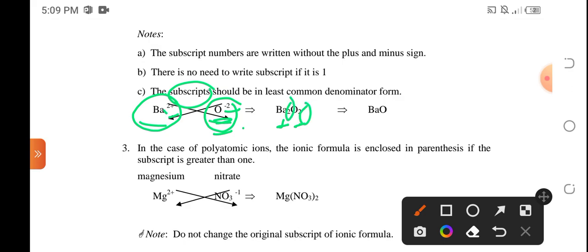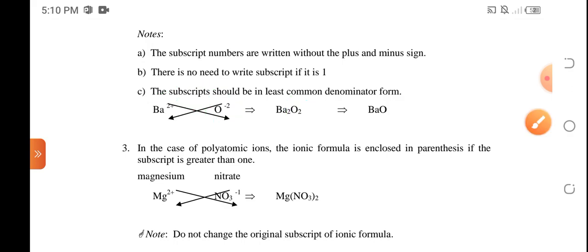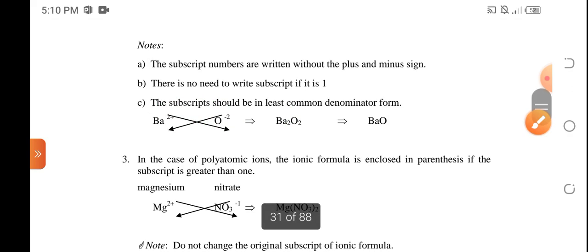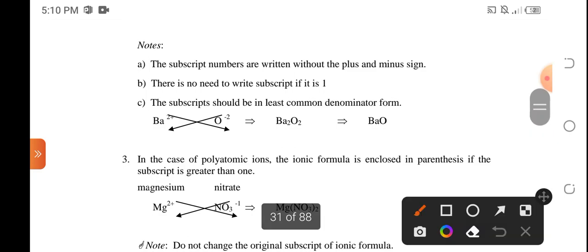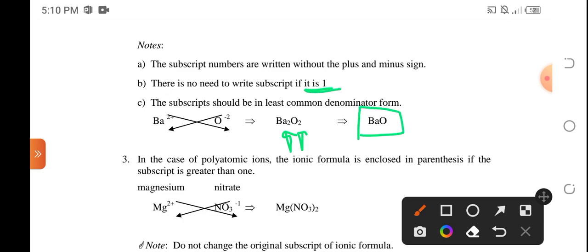Ang common denominator nila, 2. Pwede silang both divided by 2. So therefore, this new subscript could be reduced into 1. And of course, if that's 1, ma-omit na siya. So therefore, the final chemical formula for barium oxide is BaO.